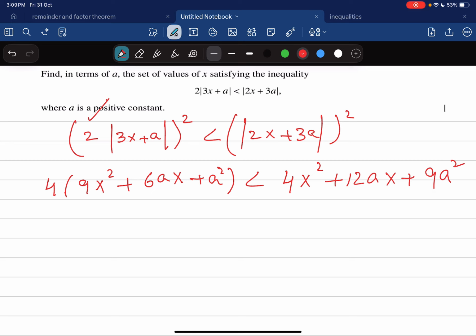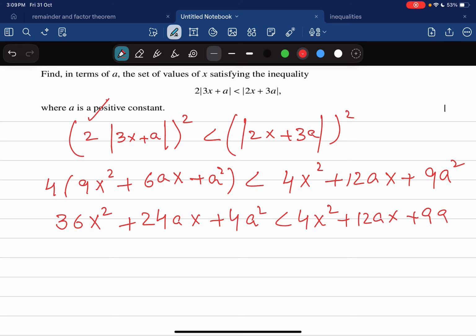This is algebra. An A-level student must know how to square any equations and solve them. This gives 36x squared plus 24ax plus 4a squared, and 4x squared plus 12ax plus 9a squared.